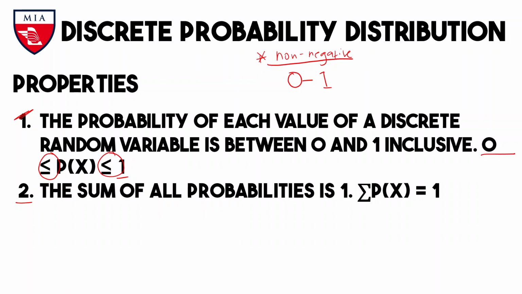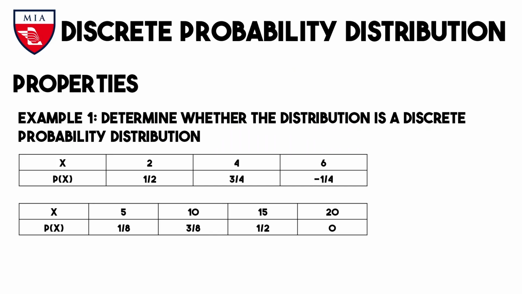Let's have an example of determining whether a certain table or distribution is a discrete probability distribution or not. Let's start with table number 1.